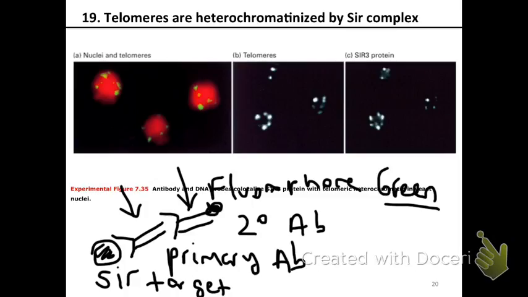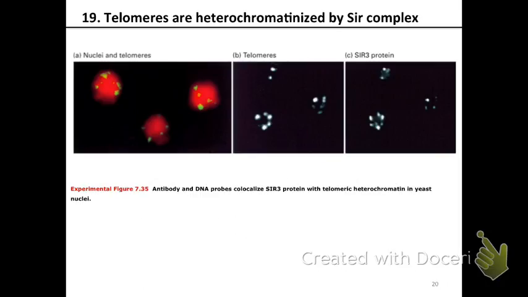Analysis of immunofluorescence. Now, in this experiment, what they've done is they've looked at where the SIR3 protein is. This is one of the proteins in the SIR complex that binds to the telomeres, okay? And at the same time, they did a DNA FISH on the same sample, right?